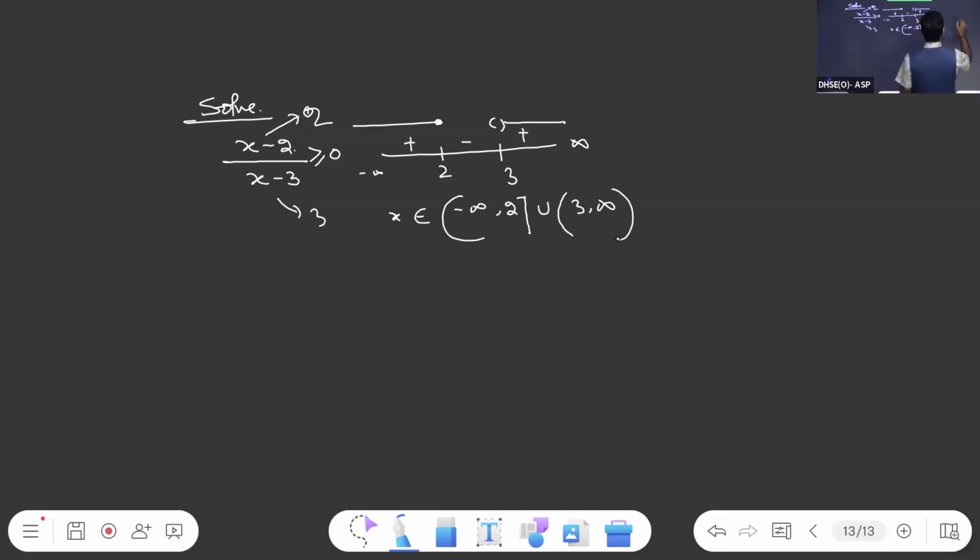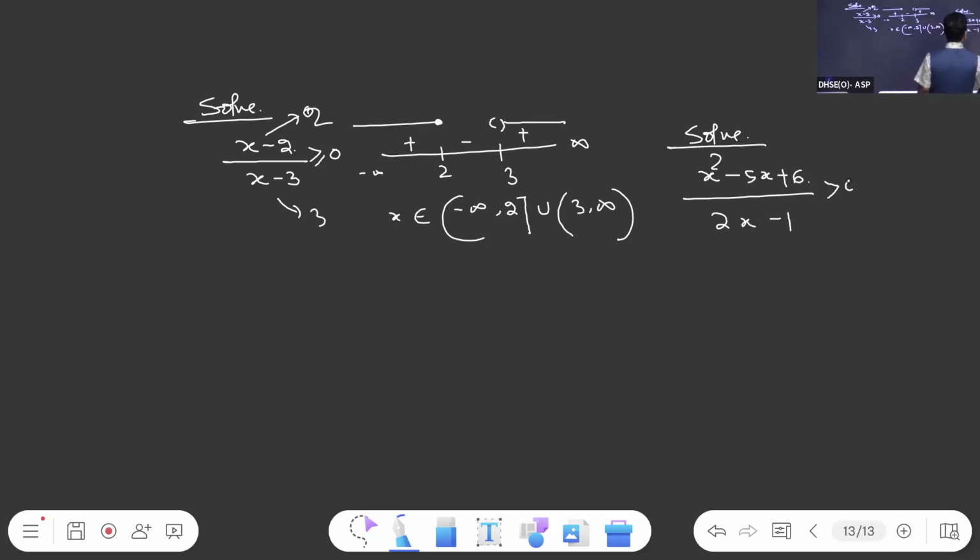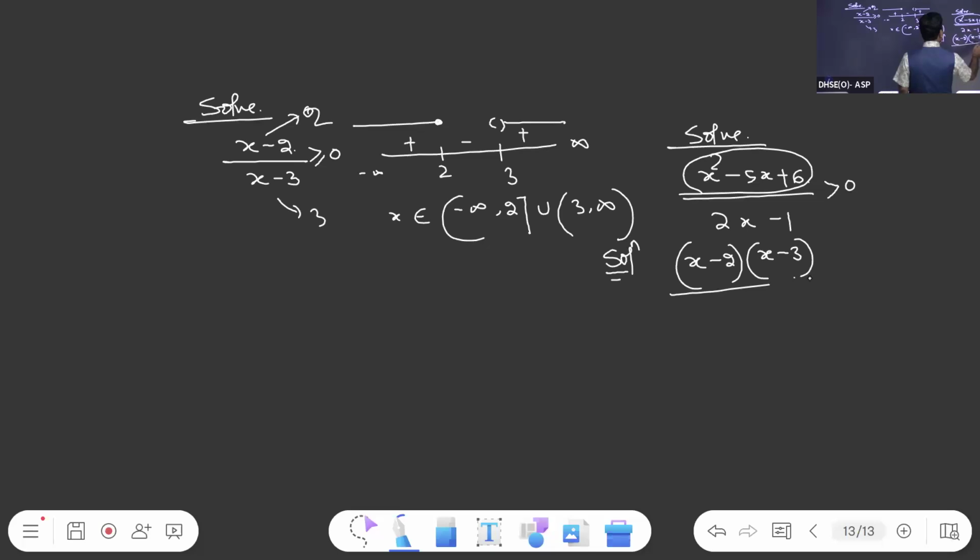Come to the next question. Solve x square minus 5x plus 6 upon 2x minus 1 greater than 0. So come to the solution. Factorize the quadratic expression in the numerator. It will be factorized as x minus 2 into x minus 3 upon 2x minus 1 greater than 0.